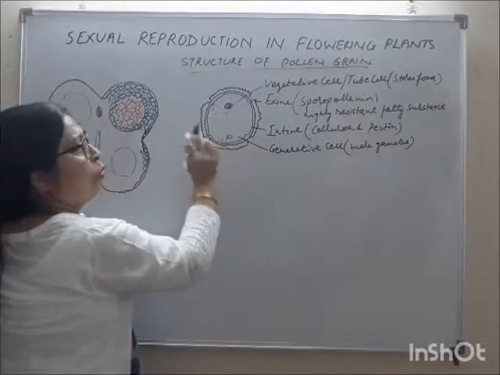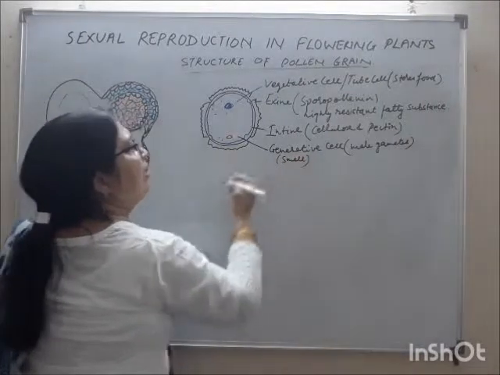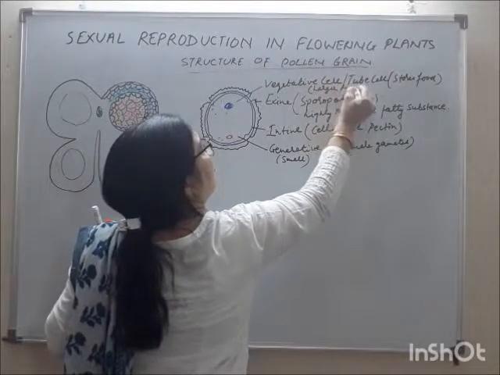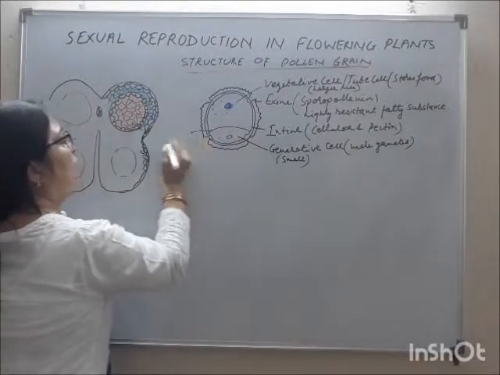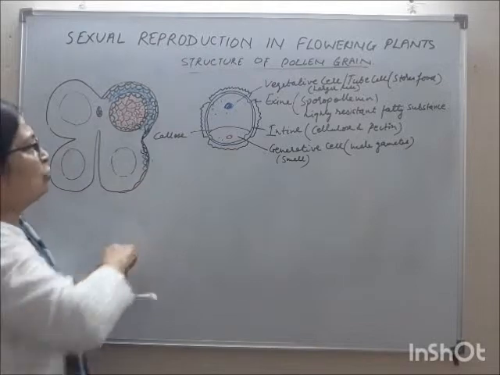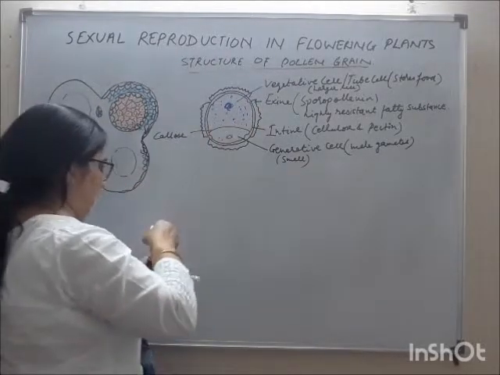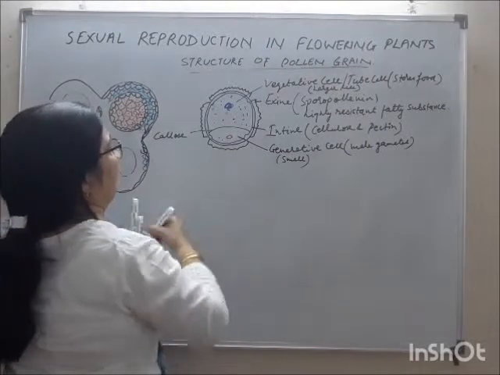One is larger and the other is smaller. They are divided by a wall which is known as callus. So this is the vegetative cell and this is the generative cell.